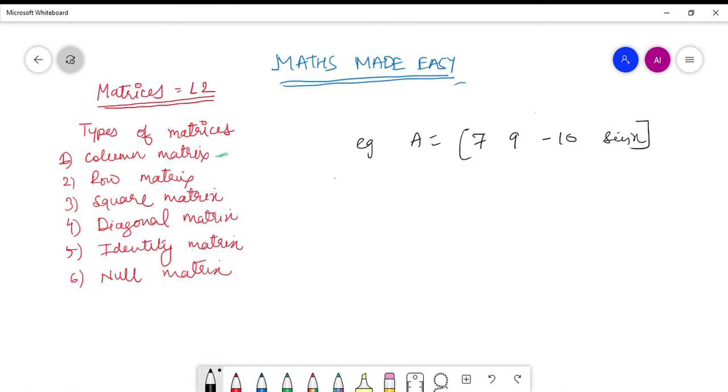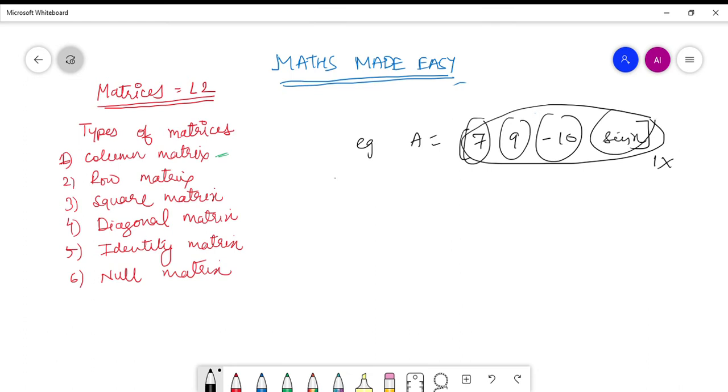If you see, there is only one row, so 1 cross, and we have 1, 2, 3, 4 columns. So this is matrix A of order 1 cross 4, but as there is only one row, this is a row matrix.